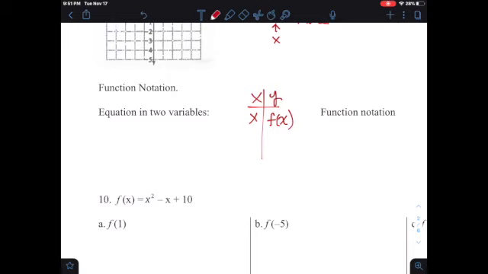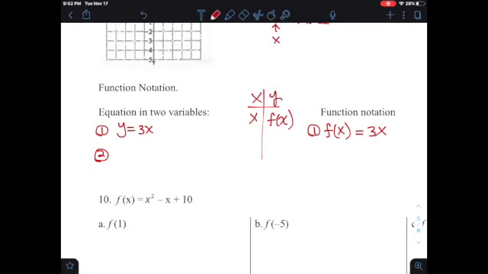Okay, so first equation I'm going to give you is going to be something like y equals 3x. Okay, number 1. Now, in function notation, they literally just change it. F of x, that means whatever the value you're going to plug in for your x, and then that's going to be your y equals 3x. So whatever number you plug in for your x, you put it in 3 times x, and you're done.